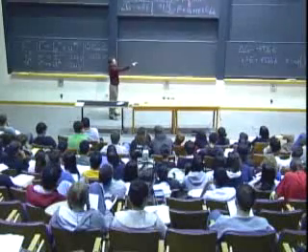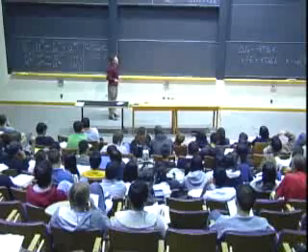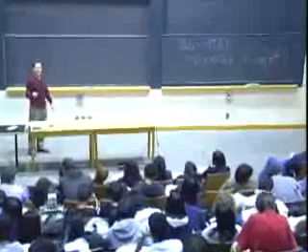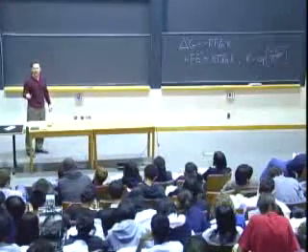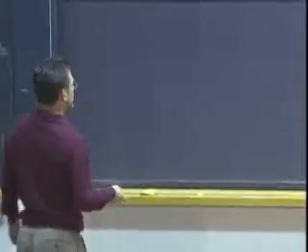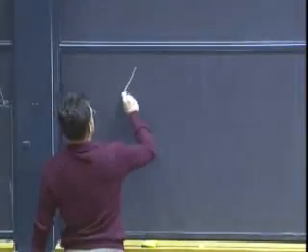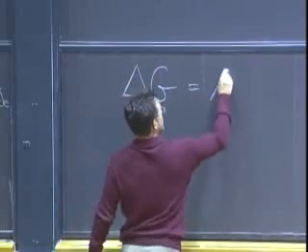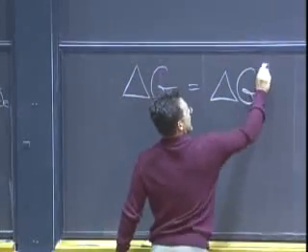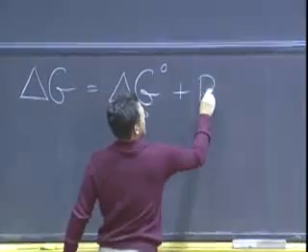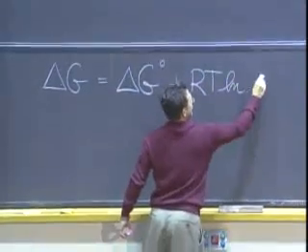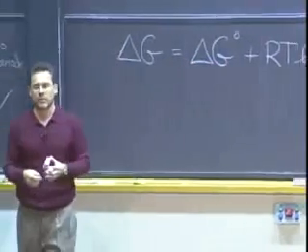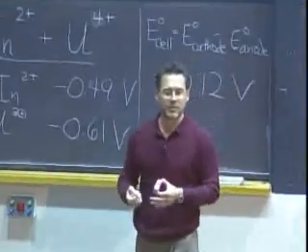Over there, I was able to give you that relationship between equilibrium constant and standard cell potential by remembering something from chemical equilibrium. And now we're going to do that again, and we're going to remember that delta G for a reaction is equal to delta G naught plus RT ln Q. Okay, so that's something that you should remember from your studies of chemical equilibrium.